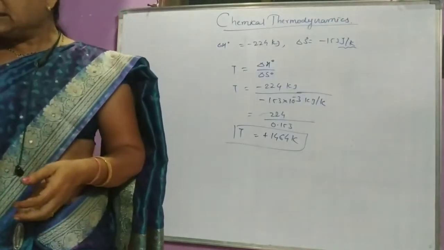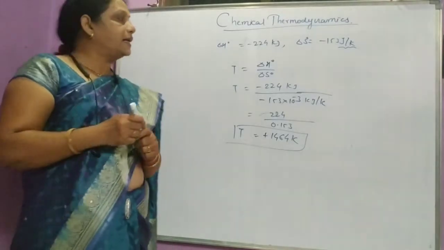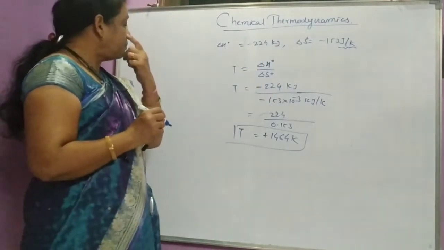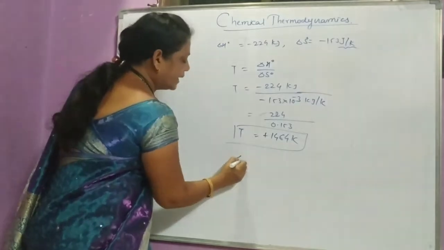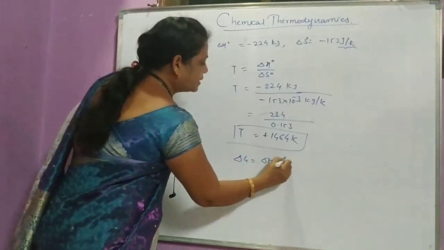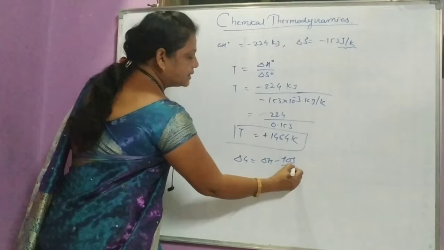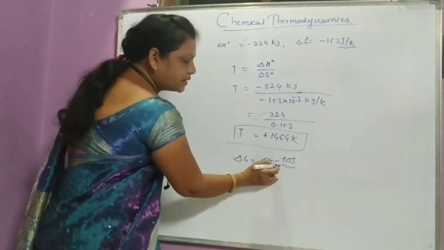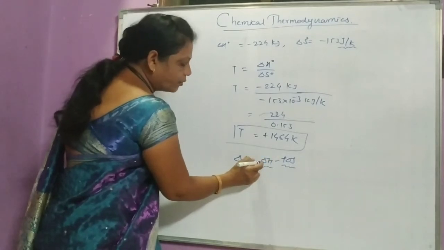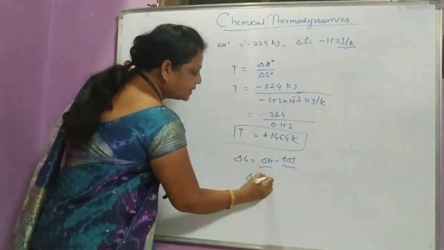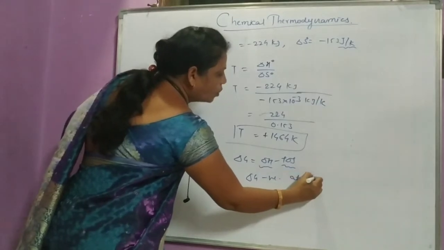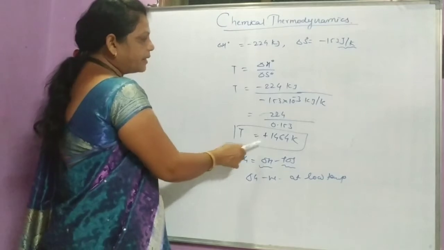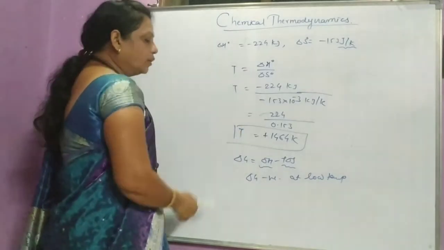Since del H and del S are both negative, del G is equal to del H minus T delta S; del H is negative and minus T delta S is positive. So del G is negative at a low temperature, and this temperature is the equilibrium.